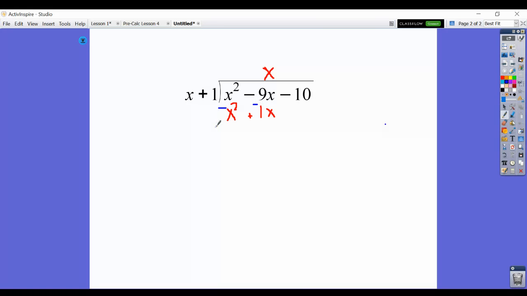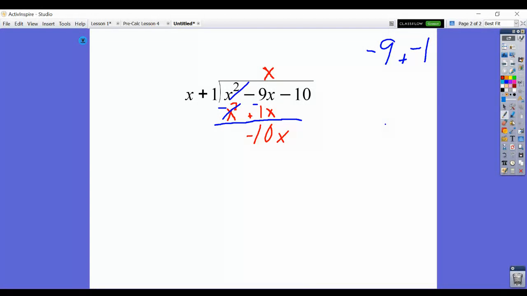Subtract. I'm going to do my math. So x squared minus x squared is going to cancel out. And then I have negative 9 plus a negative 1, which is a negative 10x.